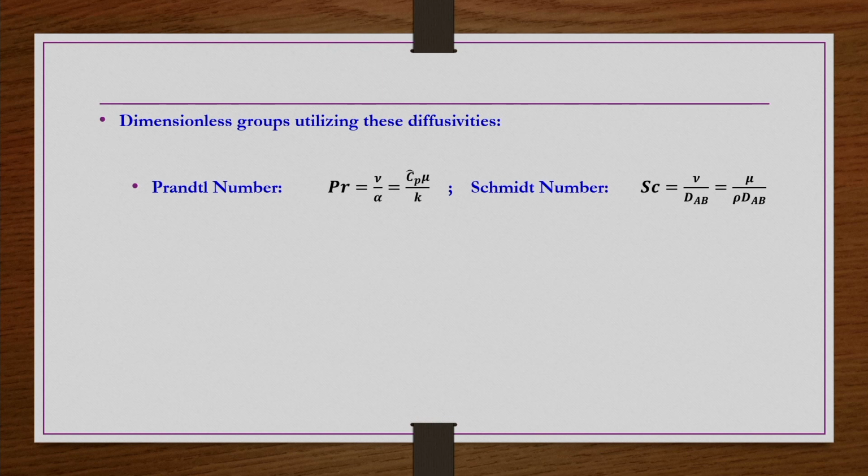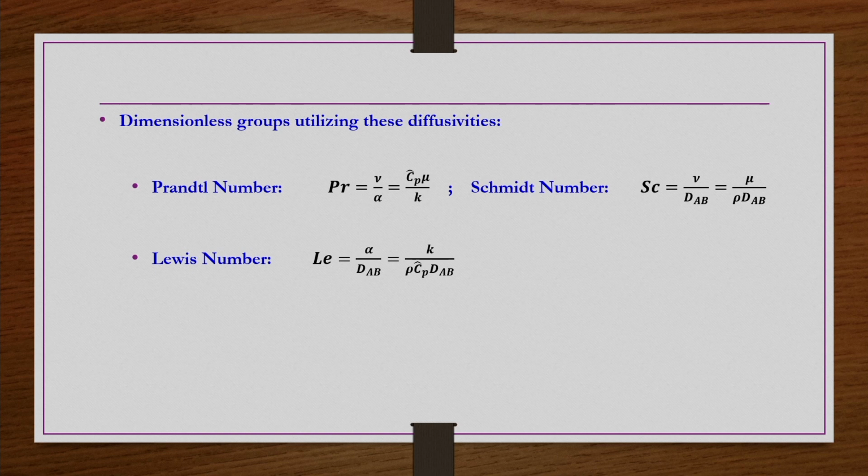Prandtl number, Cp mu by K, that is mu by alpha, and Schmidt number, that is nu by D A B, which is nothing but mu by rho D A B, and then Lewis number, that is alpha by D A B, that means K by rho Cp D A B. Now what we understand from these numbers: if the transport is occurring, whether momentum, heat or mass transport, only because of the molecular mechanism, which transport process is dominating?